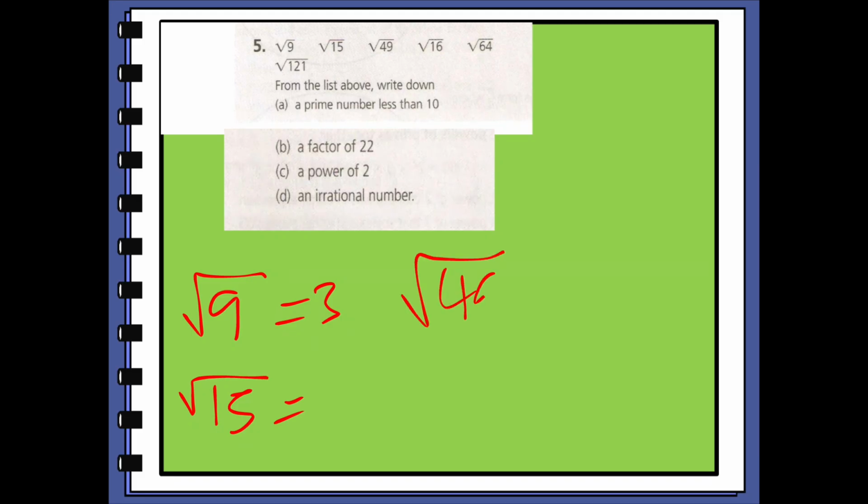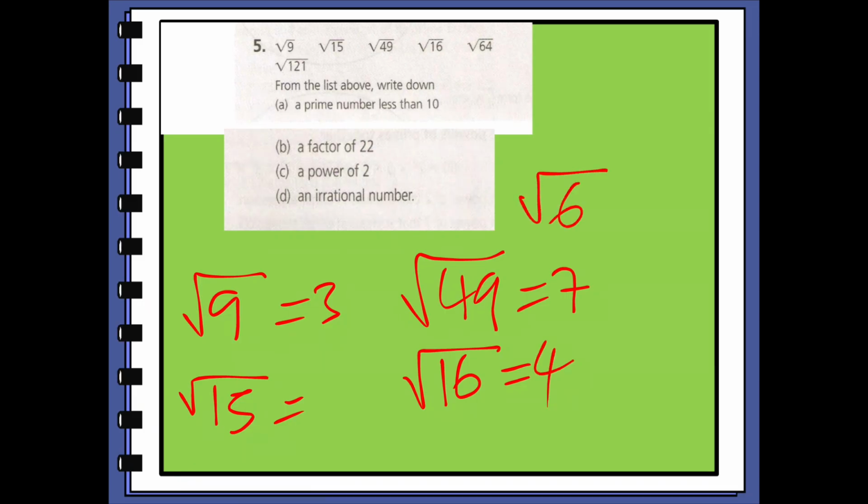Let's say square root of 49, that's 7. 7 times 7 is 49. Square root of 16, that's 4. 4 times 4 is 16. Square root of 64 is 8. 8 times 8 is 64. And square root of 121 is what? 11. 11 times 11 is 121.